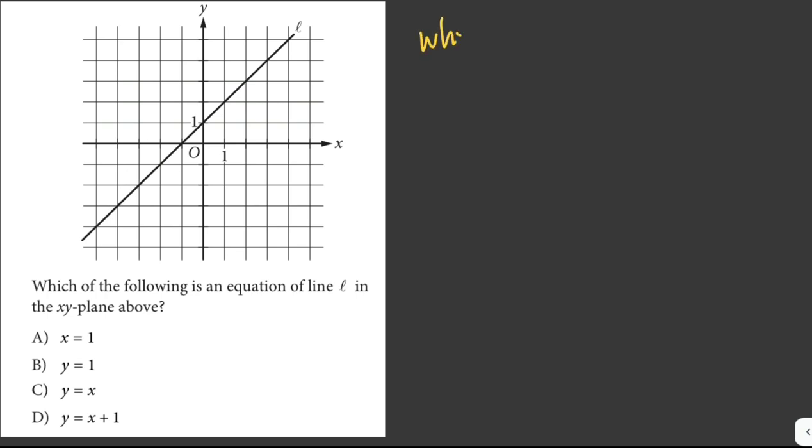So from the graph, when x is equal to 0, y is equal to 1. The line passes here, here, and these points, so we can choose any 2 points to solve for our slope. So we can write the equation of line L.